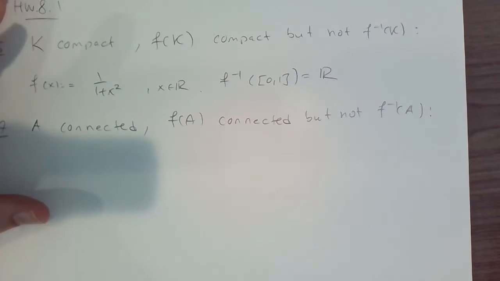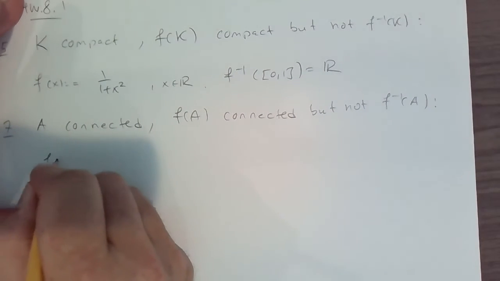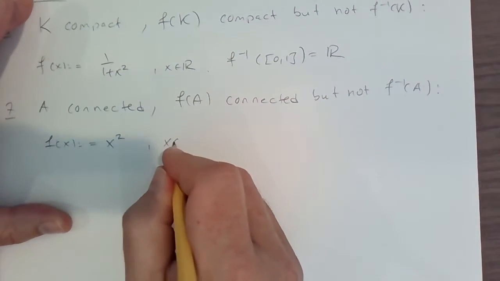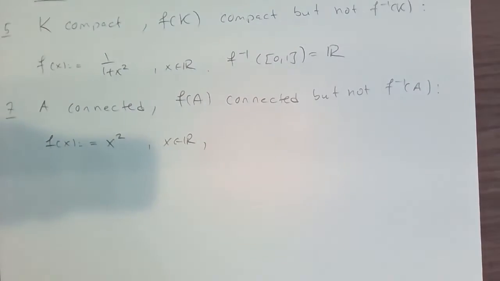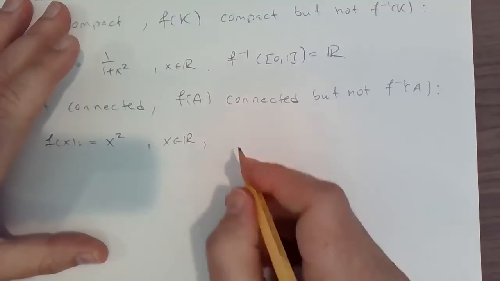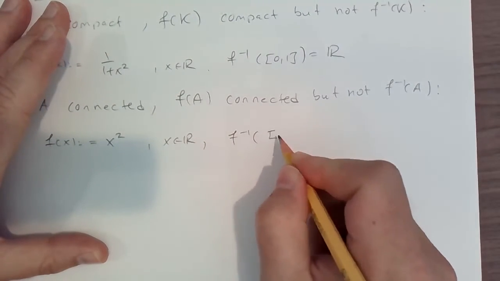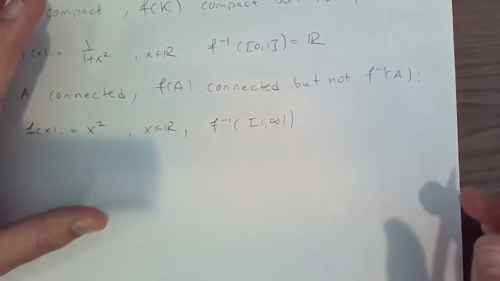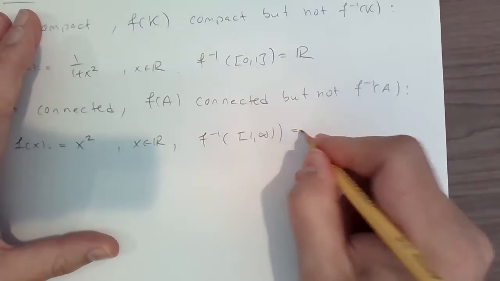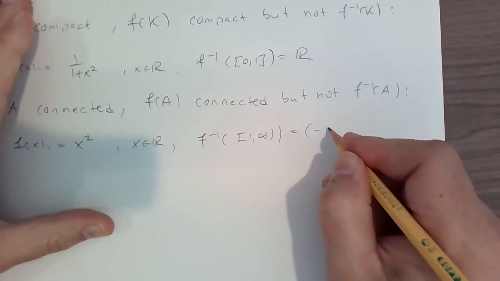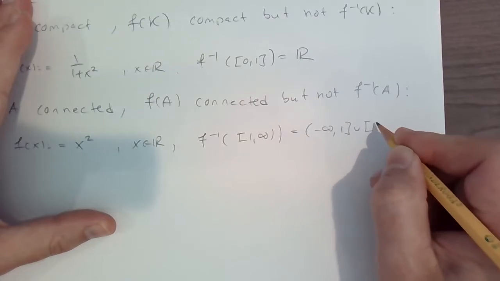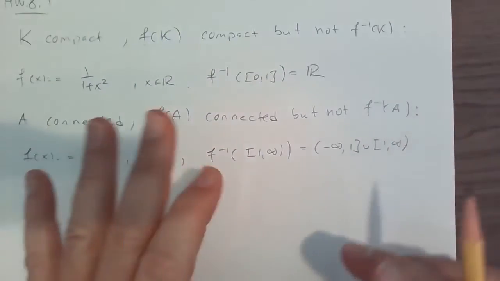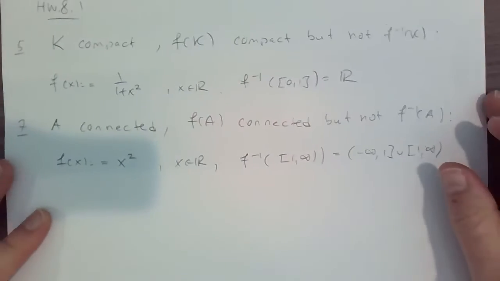And an example could be just a square function. So look at the square function. If I take an interval like, I don't know, 1 to infinity, when I pull this back, I'm going to get something that goes from minus infinity to 1 union 1 to infinity. So these topological invariants only work in the forward direction. They never come in the other direction.